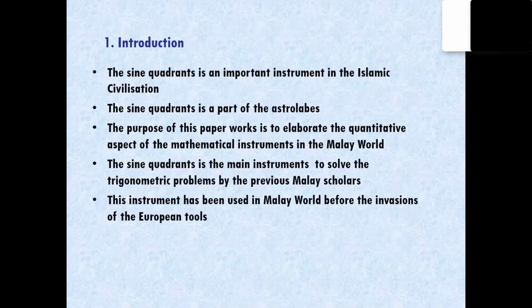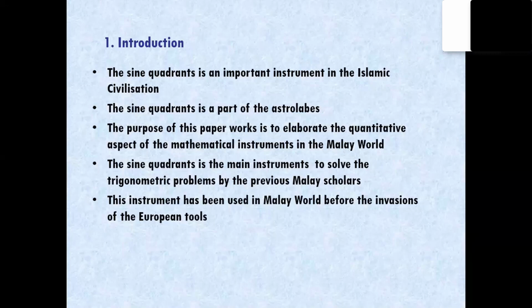The sine quadrant is part of the astrolabe. In this paper presentation, I will try to elaborate the quantitative aspect, the technical aspect, the formula of mathematical calculation in the Malay world.